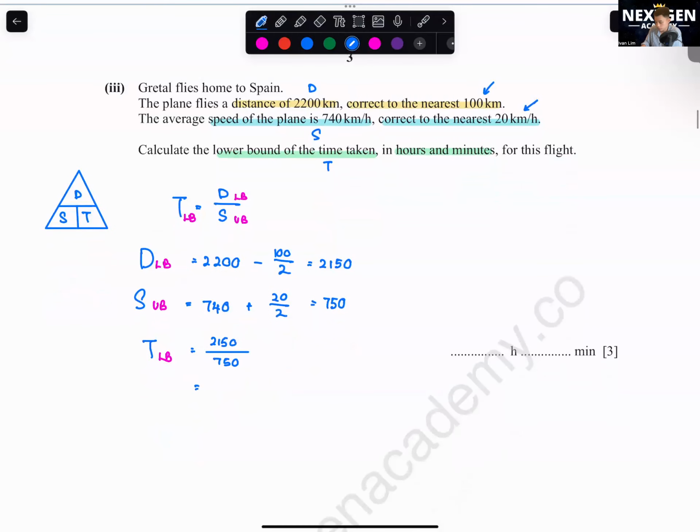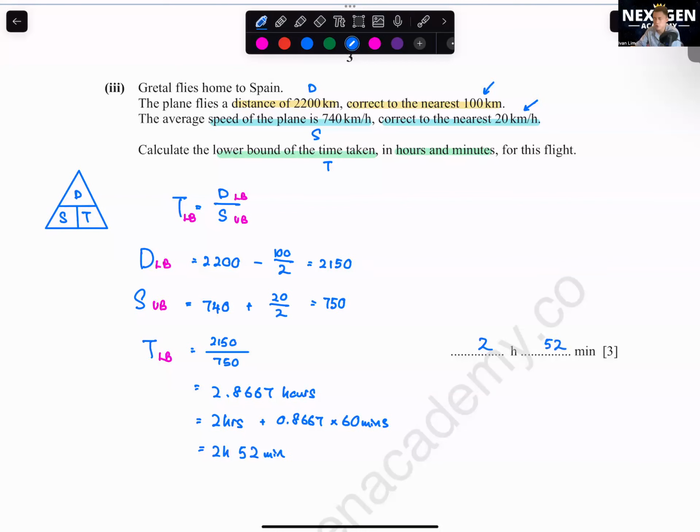Type in the calculator, you'll get 2.8667 hours. This is 2 hours. And how to change this part here to minutes? You take 0.8667 times 60 minutes, because 1 hour per 60. So 2 hours and 52 minutes.